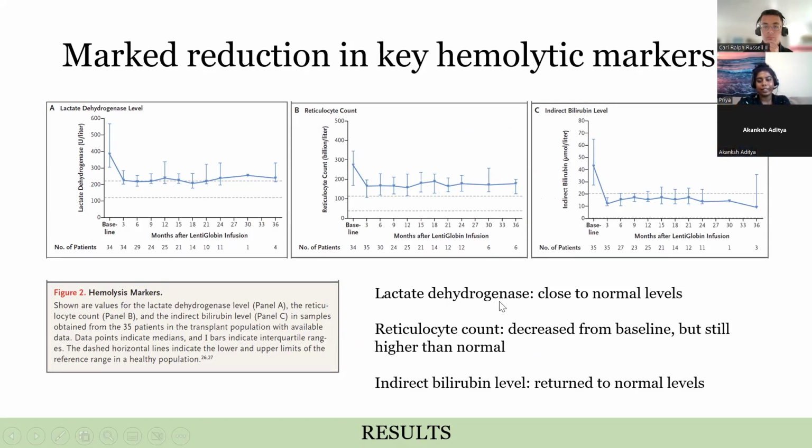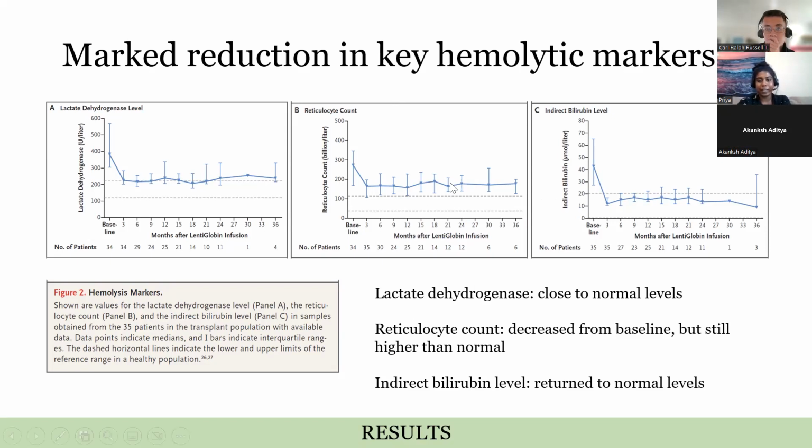So one is lactate dehydrogenase, which is a marker for hemolysis, because actually red blood cells, one main way that they produce energy is through glycolysis. They're enucleated cells. And they also look at the reticulocyte count, which is the immature red blood cell, right?